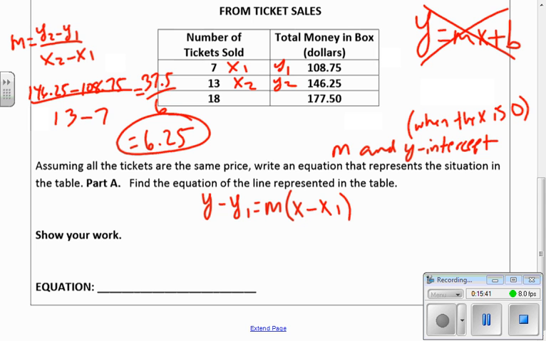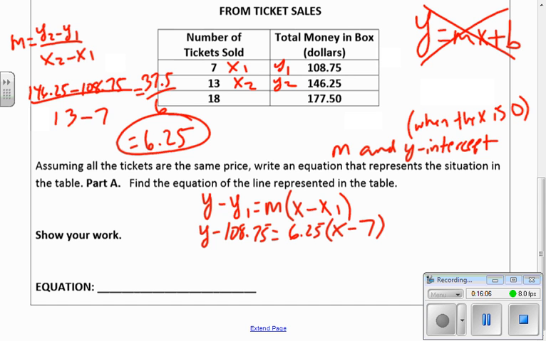I'm going to pick (7, 108.75). So y minus 108.75 equals 6.25 parentheses x minus 7. If they ask you for an equation, you can stop right there. That is an equation. You're done.